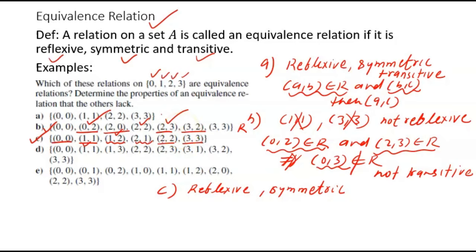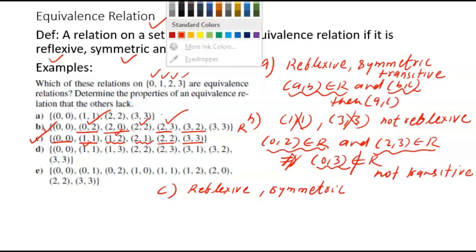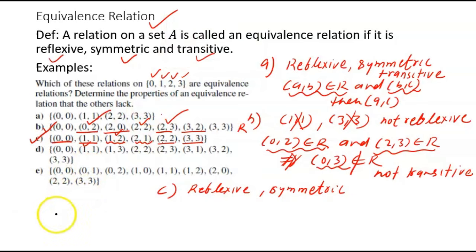If you want to understand, I would like to do one more thing: I will prefer drawing the directed graph representation, because we have seen it in earlier videos. So let us try to do that. We have 0 here, we have 1 here, we have 2 here, we have 3 here. What are the elements? (0,0) ordered pair is there.